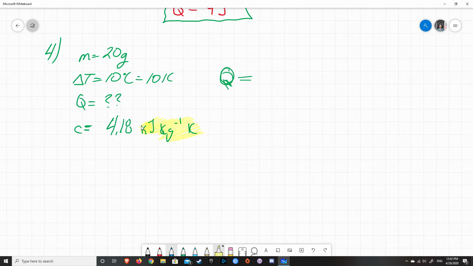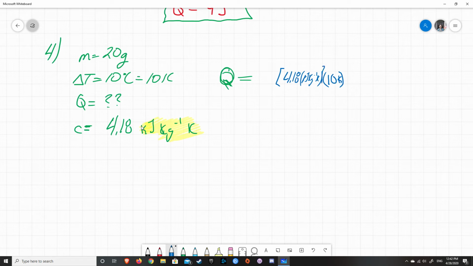And what we're going to do here, we're going to take Q equals, and delta T is fine. So delta T, we can just write 10 in here, 10 Kelvin. We can write in our C value, which is 4.18 kilojoules per kilogram Kelvin. That's a lot of K's.